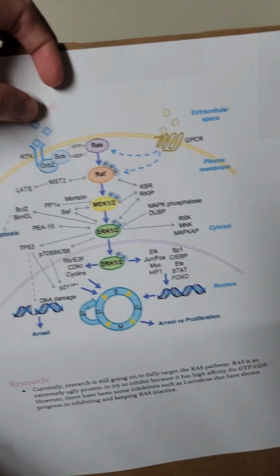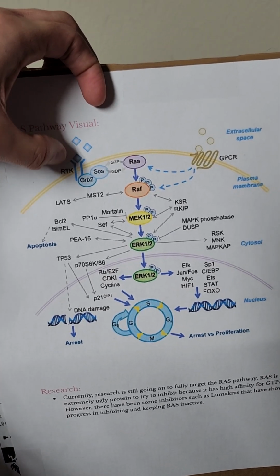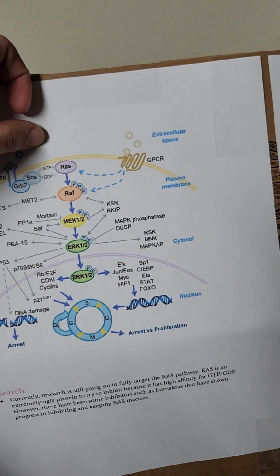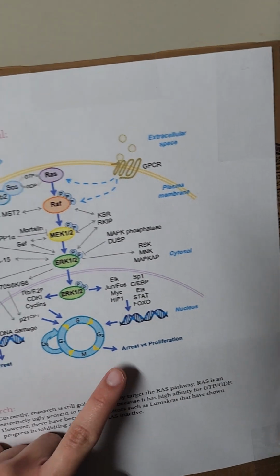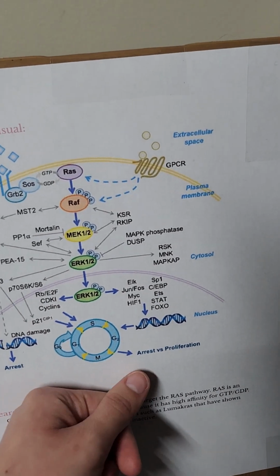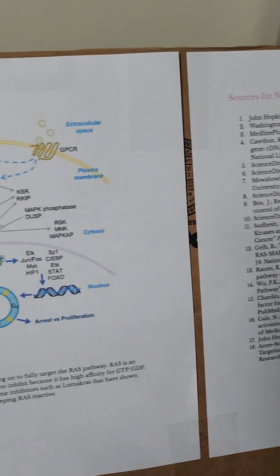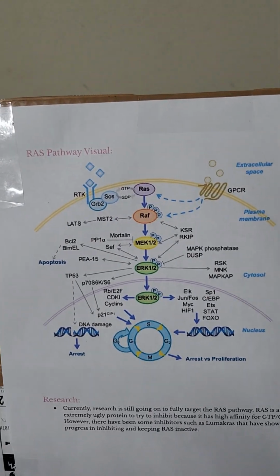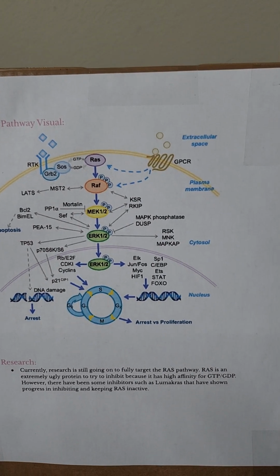So when a ligand comes in and binds to this receptor and this process goes on and then there is no GDP, it's just always active, then it will be unregulated proliferation. And that's kind of the point of neurofibromatosis type 1.